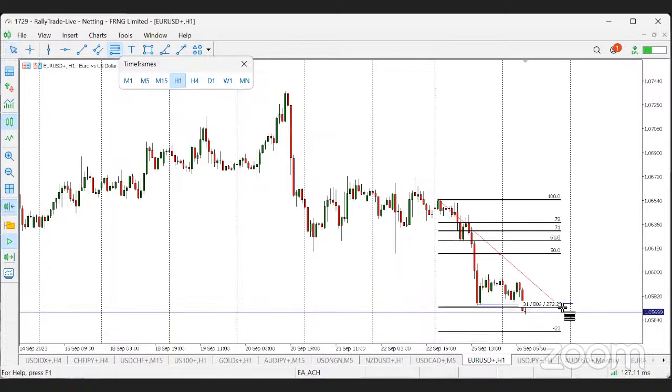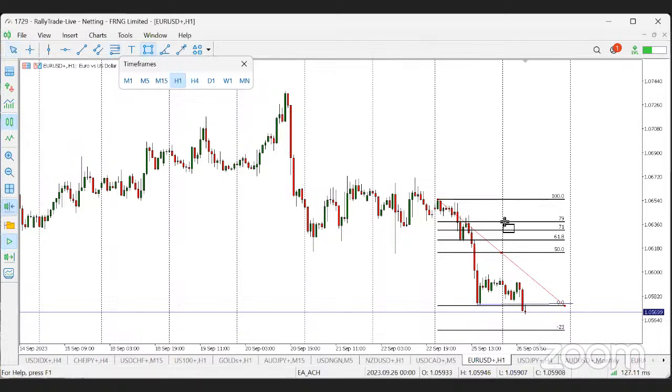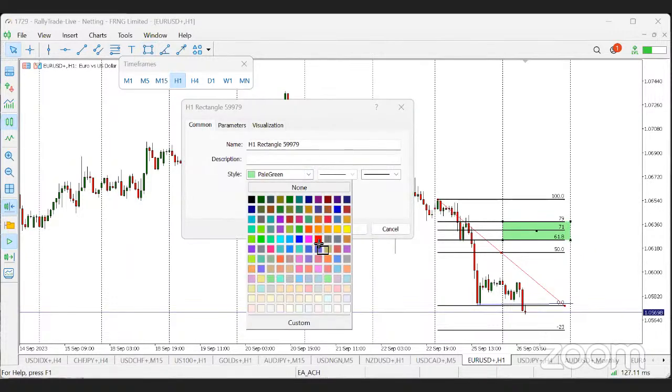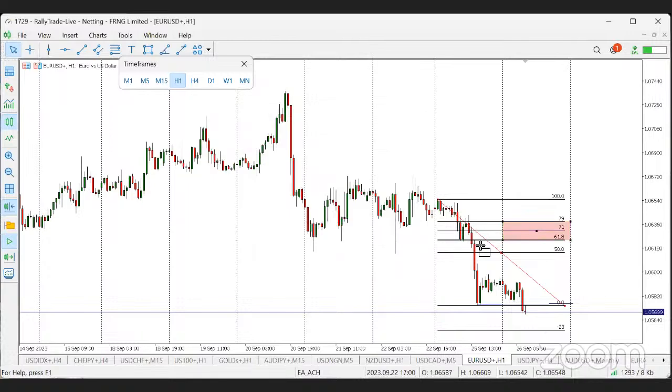Now, if I draw my fib, then I will be expecting a retracement all the way to around this region on the fib. This area we are looking for a retracement to is an area of strong resistance in the market. Because if I trace this red line, notice that around this area we see multiple touches from the market on several days.